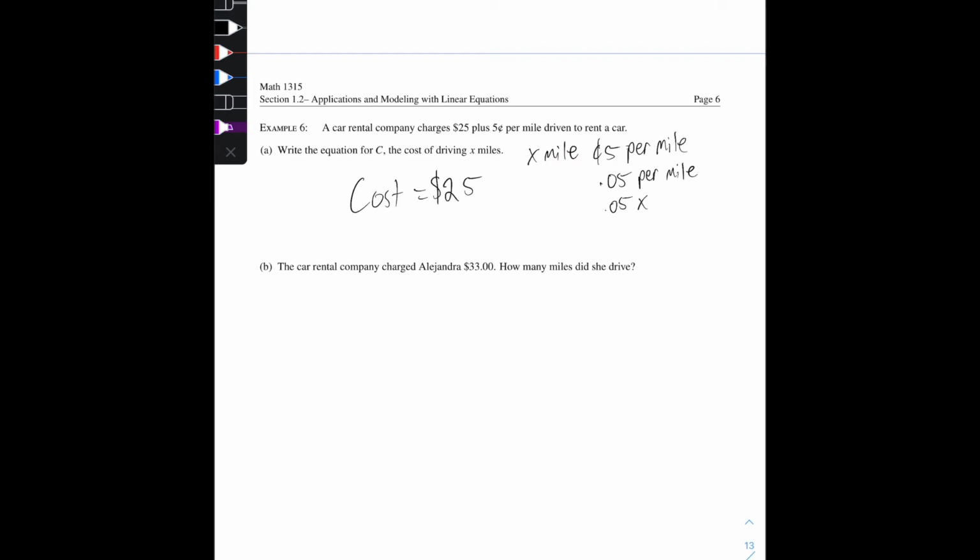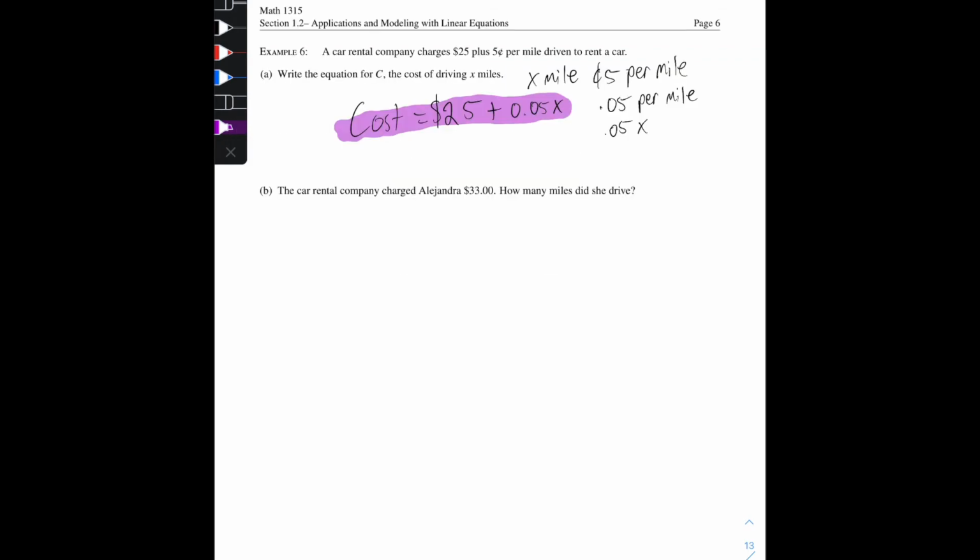So if we add that, the 0.05x, to our constant, which is $25, then we get this equation right here. And this equation is going to be our cost for us to drive this rental car.